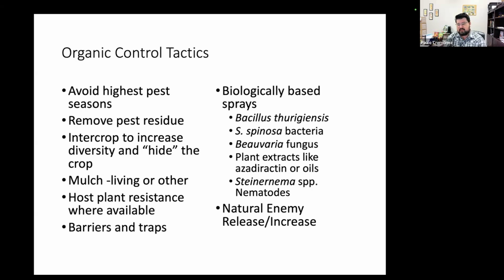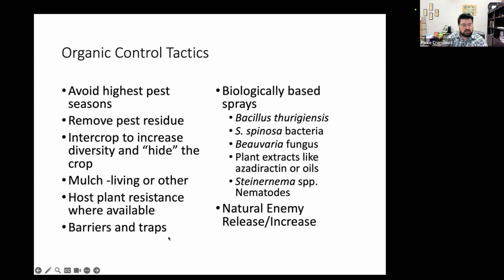Some organic control tactics, just to finish up this class, are to avoid high pest seasons. So try to be smart on timing, and reduce pest residue and weeds as well. This is very important. Intercropping increases diversity and hides the crop, so the insects will be more likely to go to other areas instead of your cash crop. Mulch is very important as well.